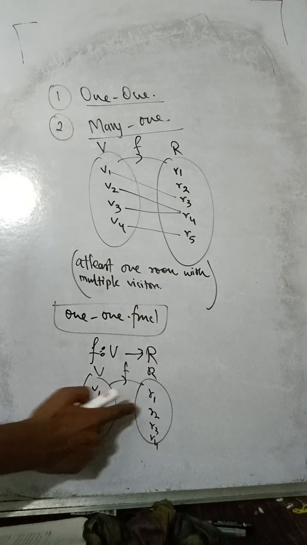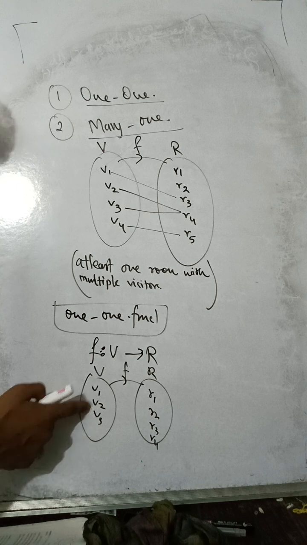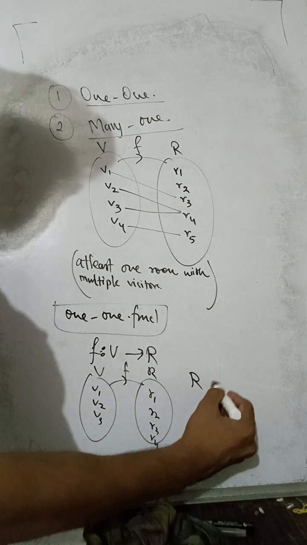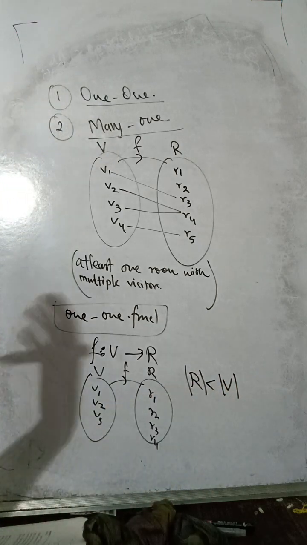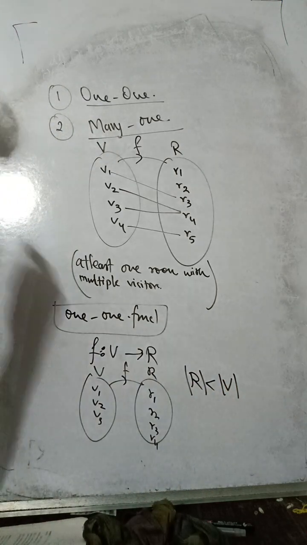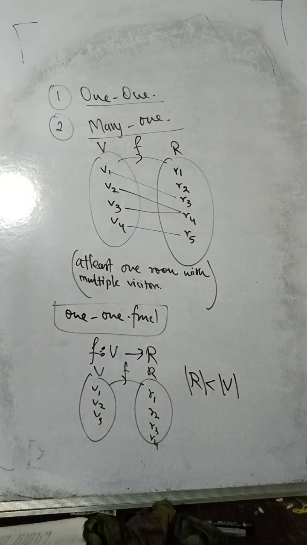The number of rooms must be greater than or equal to the number of visitors, because if the number of rooms is less than the number of visitors, then at least two of the visitors will move into the same room.